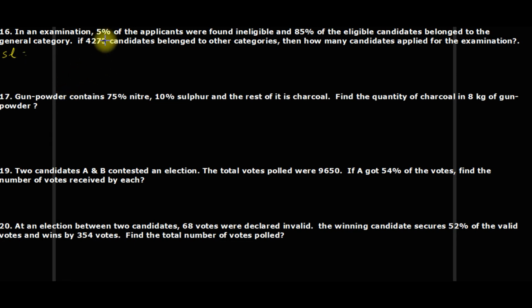Let total be 100%. Therefore eligible candidates would be 100% minus 5% equal to 95%. Now 85% of this 95 belong to the general category, right?